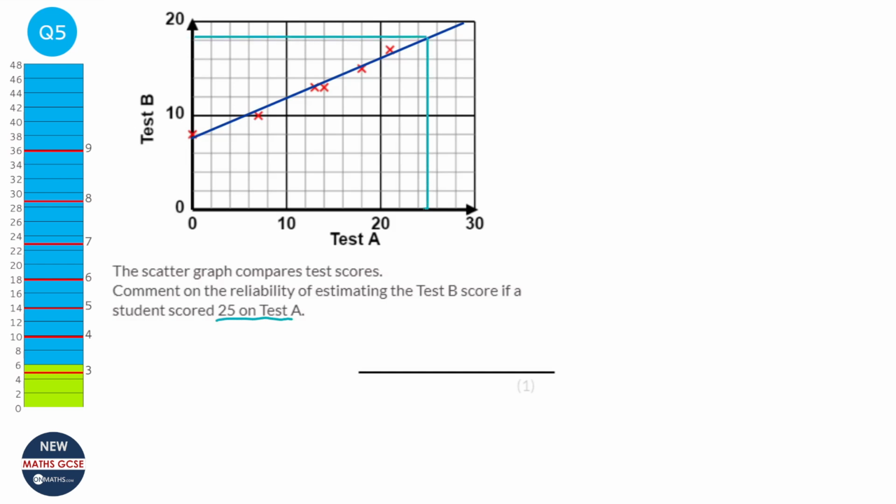But look at where that is hitting our line of best fit. It's hitting it here. What do you notice about this position here? Well, all of our data is down here. We don't know whether this trend continues up at this point here.